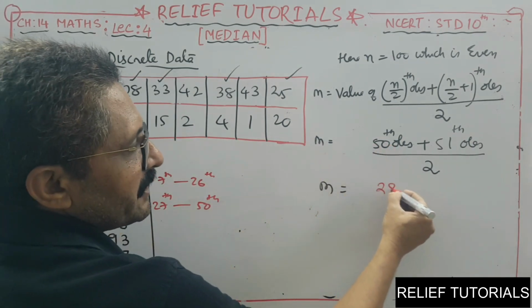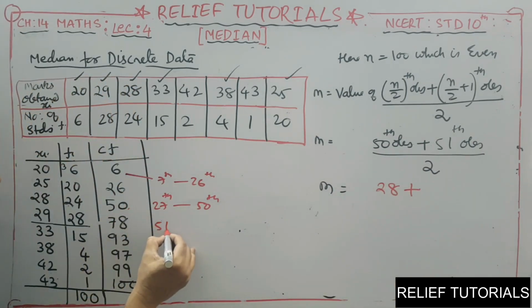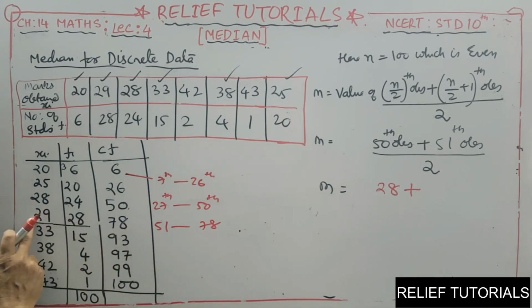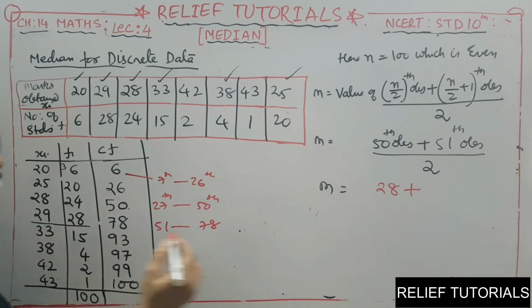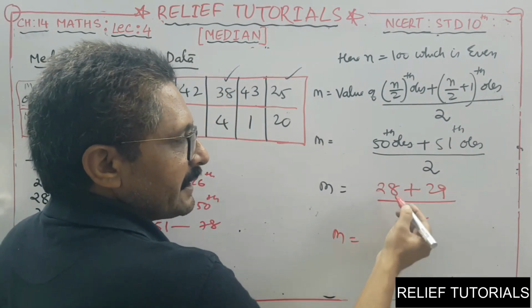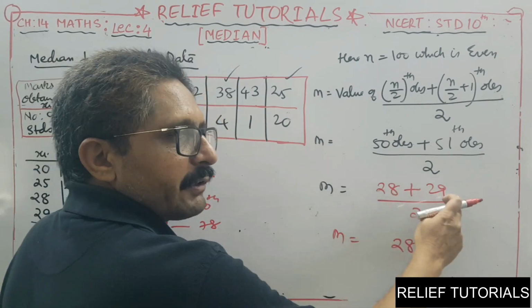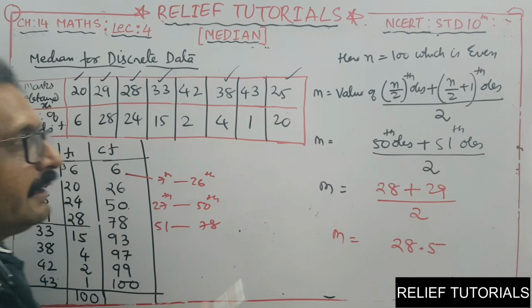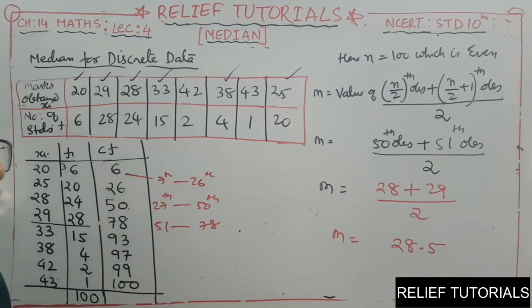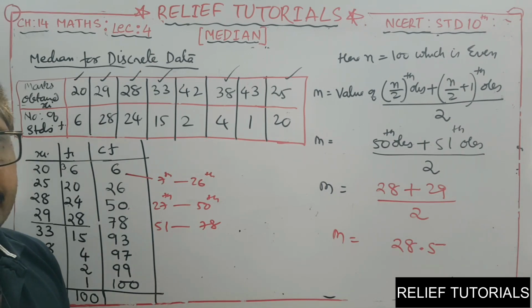Now after 50, 51. From the 51st to the 78th, it is 29. So the 51st observation is 29. 28 plus 29 divided by 2. So the median equals 28.5, the average of 28 and 29. So the median is 28.5. In this way, you have to take the help of cumulative frequency.